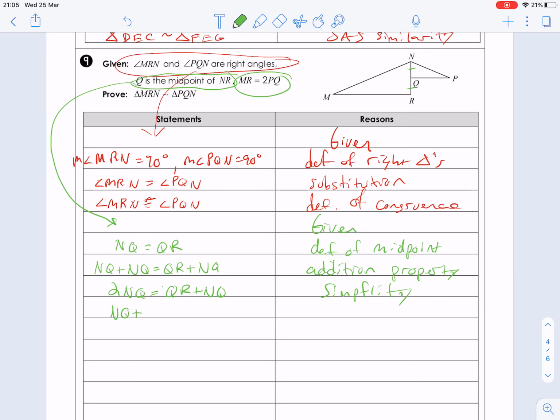How do we know that? Since NQ equals QR, we can say 2NQ equals QR plus NQ. So this is equal to NR. Remember, NR equals NQ plus QR. We can see that from up here based on the segment addition property.